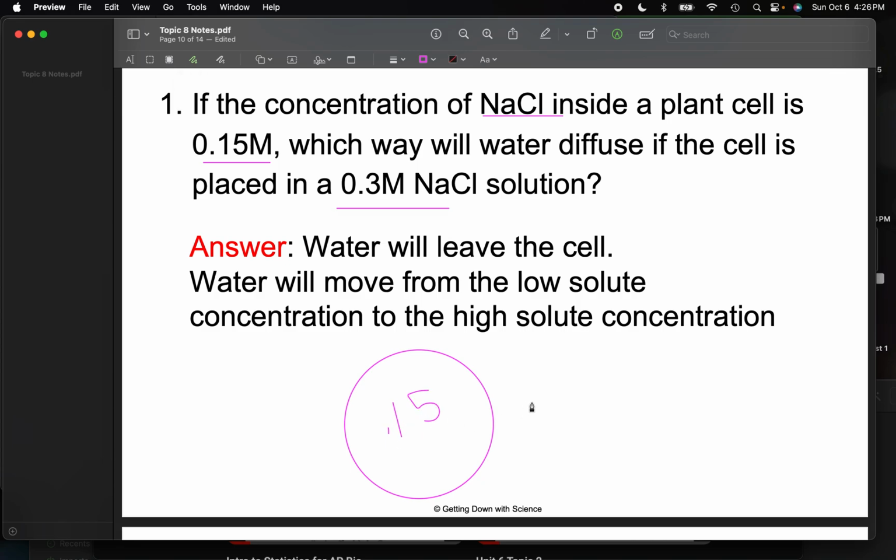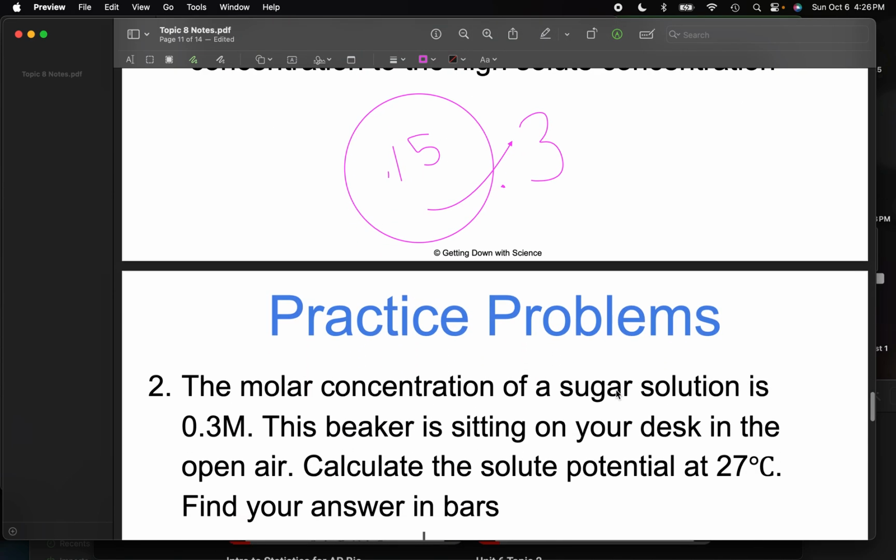Cool. Outside we have 0.3. There we go. So water likes to move from an area of low to high concentration, so water will leave the cell. Low solute concentration to high solute concentration.